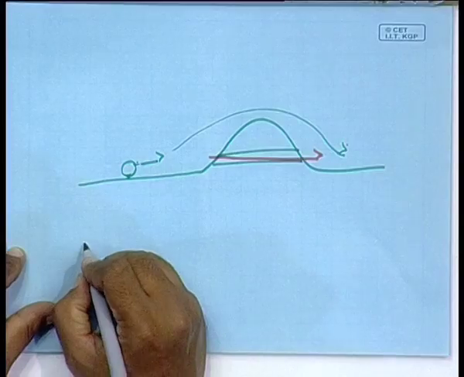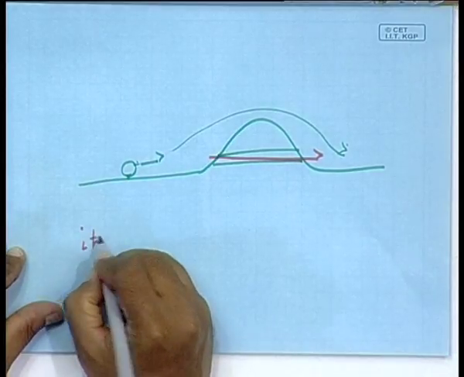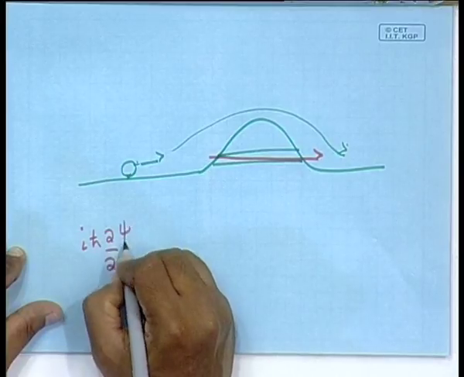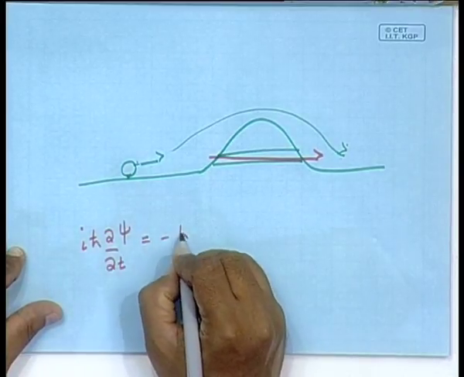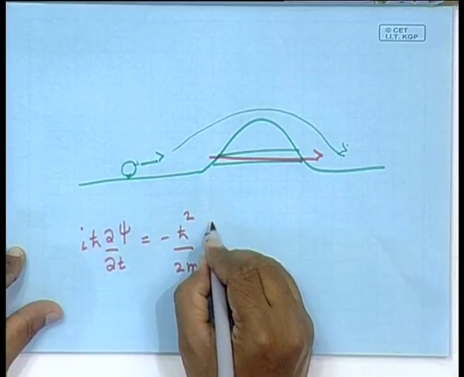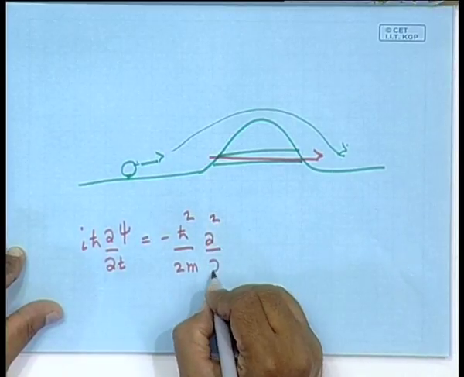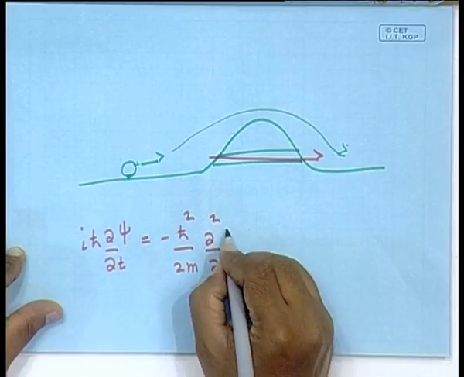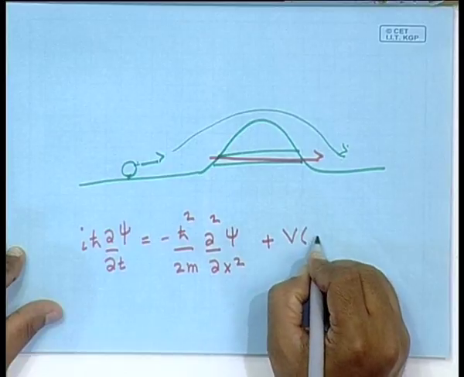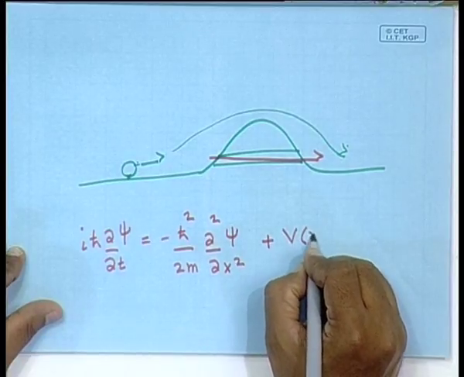The Schrodinger differential equation is i h cross del by del t of psi is equal to minus h cross square by 2 m del square by del x square psi plus V x psi.